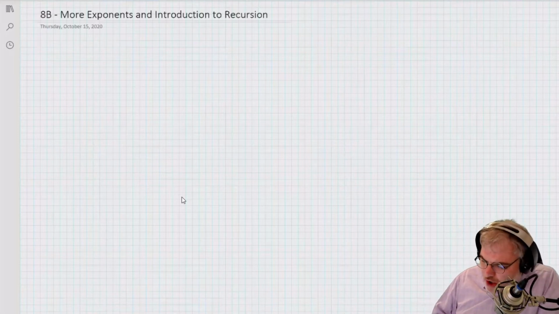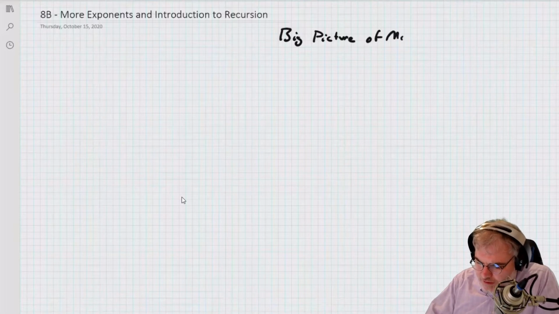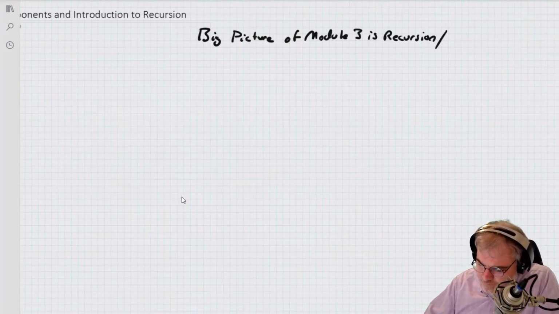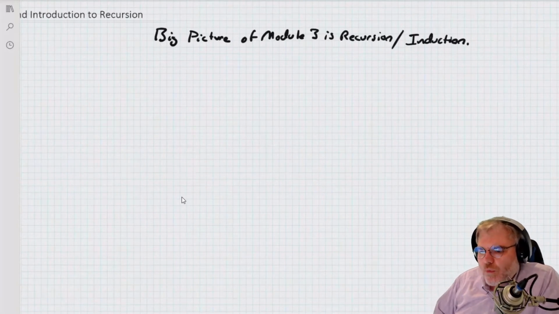So let's talk about the big picture of Module 3, which is recursion and induction. Where are we going?